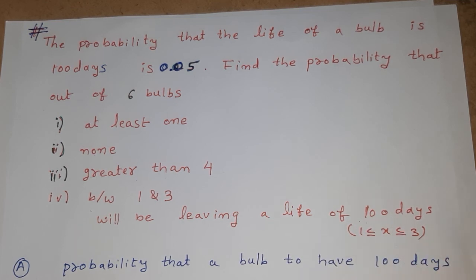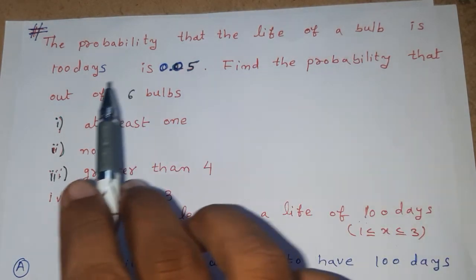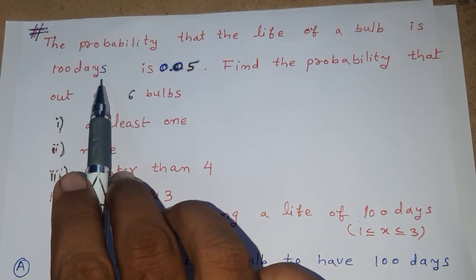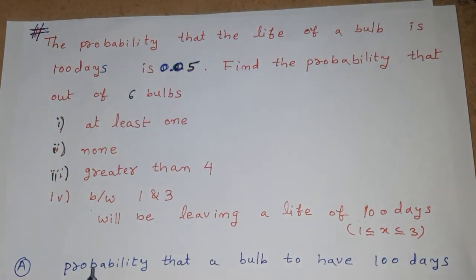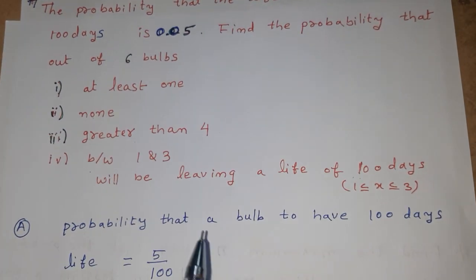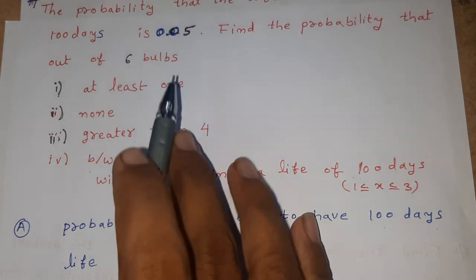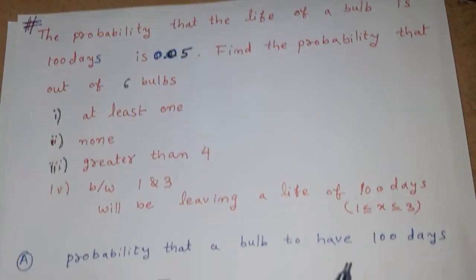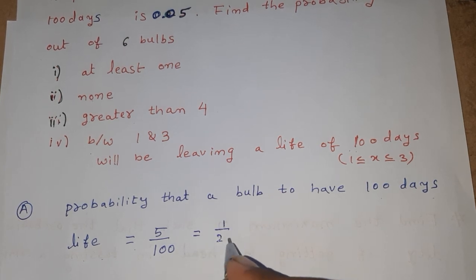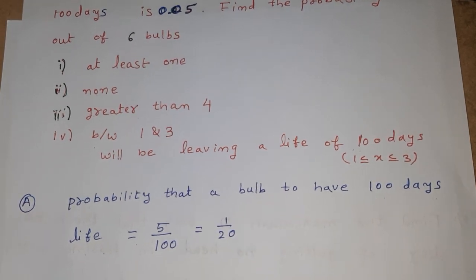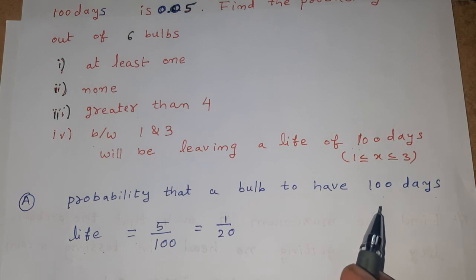Okay, here in this problem it is given that the probability for a bulb to have a 100-day life is 0.05. That is, 5 by 100, which is 1 by 20, is the probability for a bulb to have 100 days.